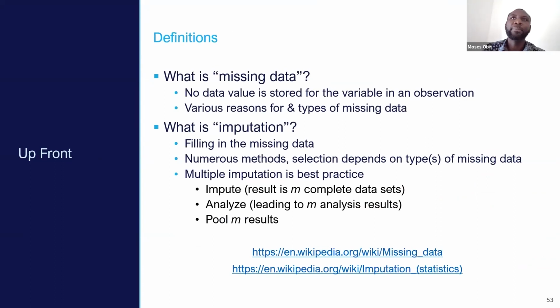So what is missing data? Missing data is when you don't have data stored for certain variables or participants in your data set. And there can be numerous reasons why you run into missing data issues. One common example is data entry errors, where you can just have human error, and that will result in missing data.